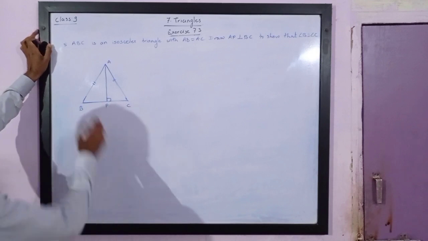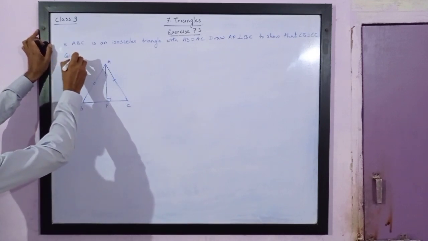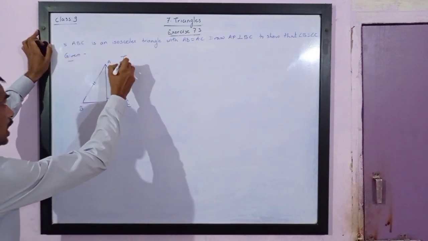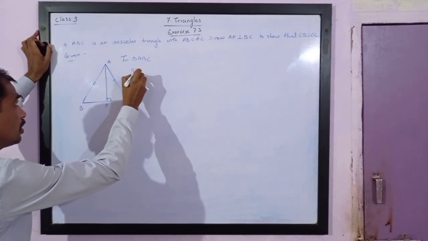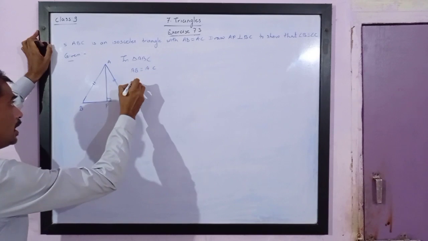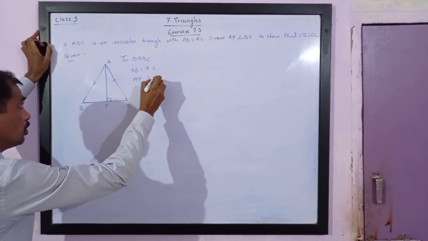So for this, let us write the given things. We are given in triangle ABC, AB is equal to AC and AP is perpendicular to BC.